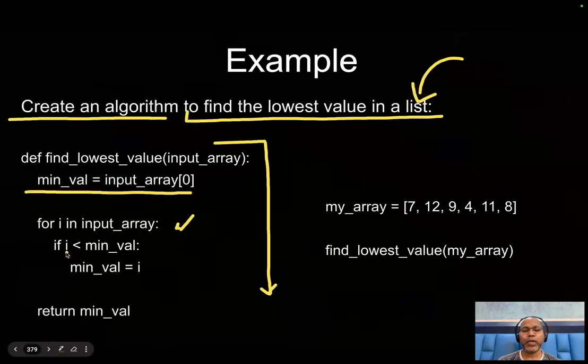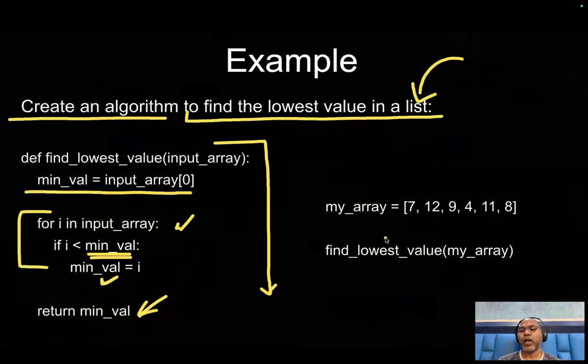We loop over the input array and find whether any value is less than my minimum value, so my minimum value will change. And finally, once the loop is done, we return the minimum value. And if this is my array, you can pass it to my function, and this function, find lowest value, returns the minimum value.